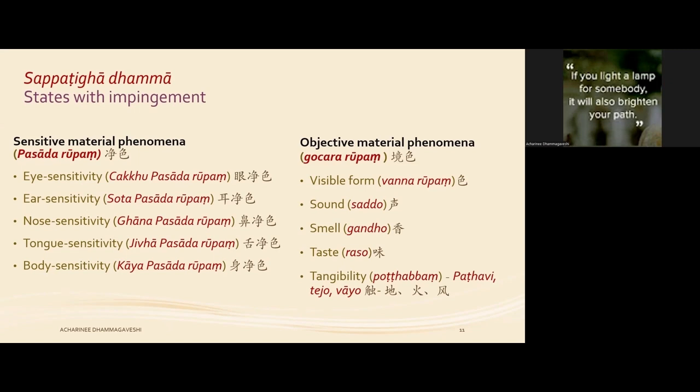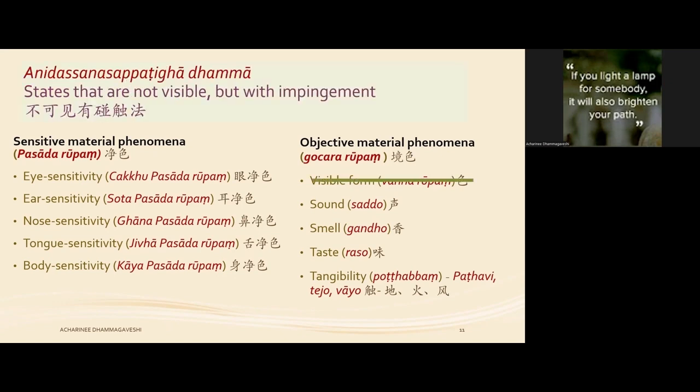Among these, visible form, varna rūpa, as we mentioned, is not only Sappaṭighā, it is also visible. So, what are Anidassanasappaṭighā dhammā? States that are not visible but with impingement. We need to remove visible form from this list, and the remaining dhammas are classified under this term.